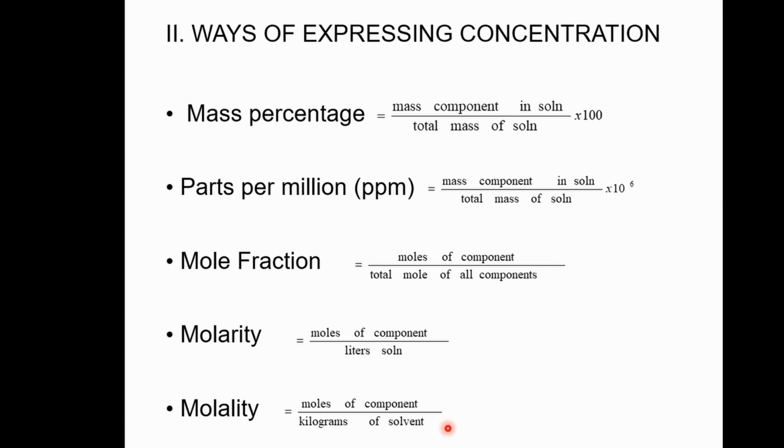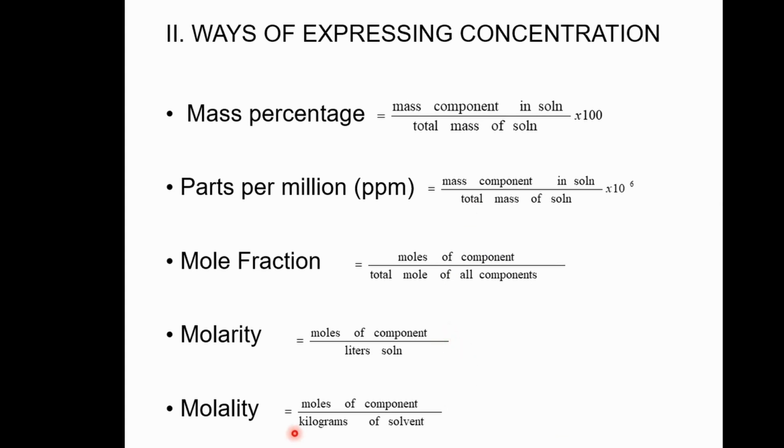Kilograms of solvent. And some interesting things I tell quant students, if you have very dilute solutions and a liter of water is 1,000 grams, that's a kilogram. So molarity and molality for very dilute solutions almost come the same numerical value. But once we get a little more concentrated, they can be very markedly different.